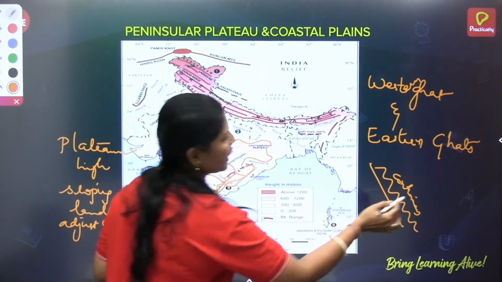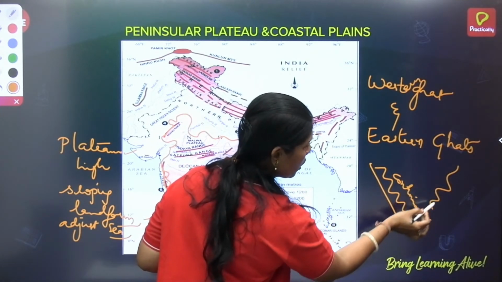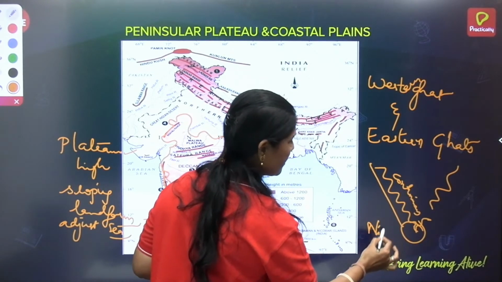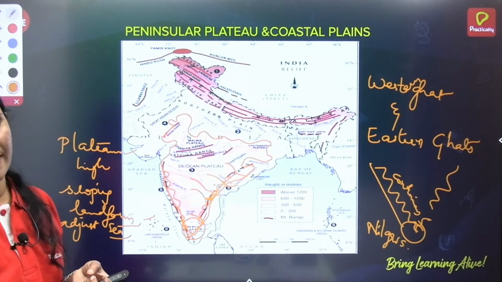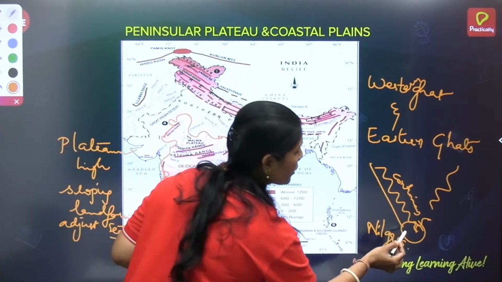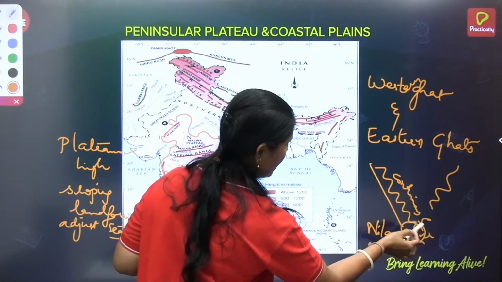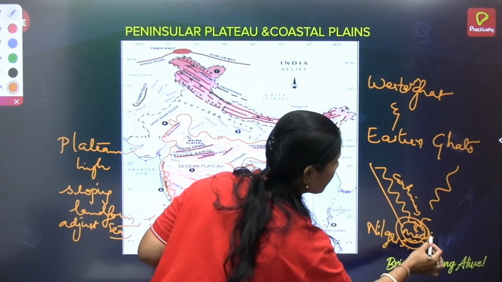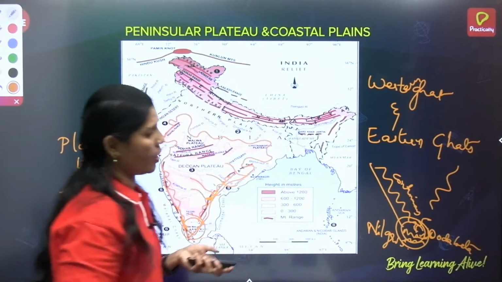Okay, so these two Ghats meet at the Nilgiris. The Western Ghats and Eastern Ghats meet at the Nilgiris, and in these Nilgiris, we find Doddabetta.